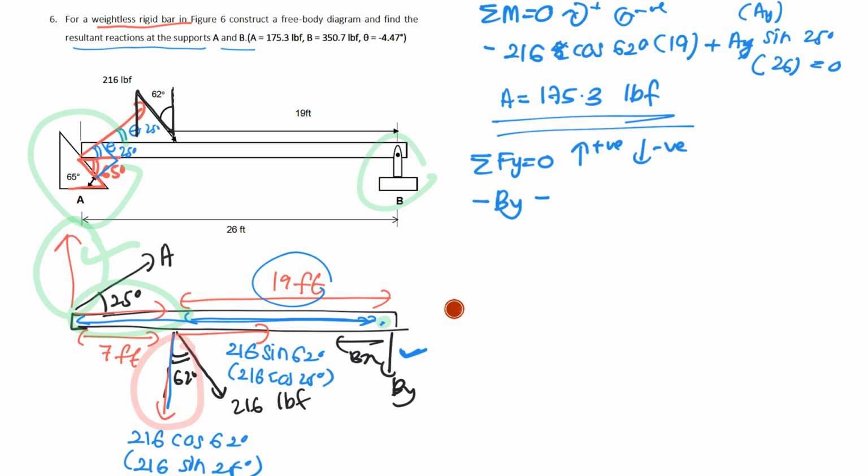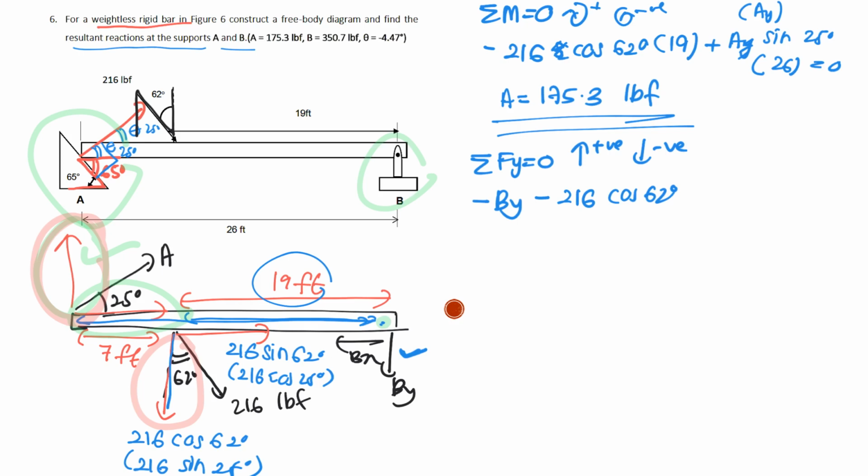with the 216 for the y component, which is negative because it's downward, negative 216 cos 62. Okay, and the last one going to be the inclined plane here. So here, the y component. Okay, so it's going to be, you already get the A, right?